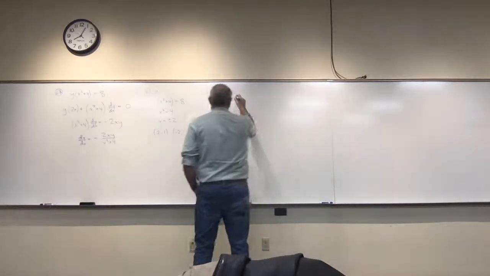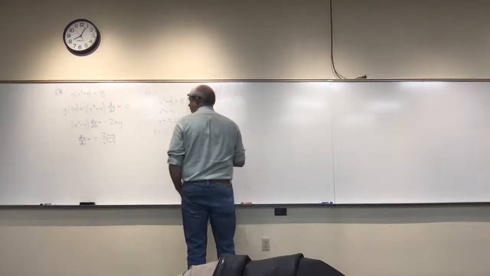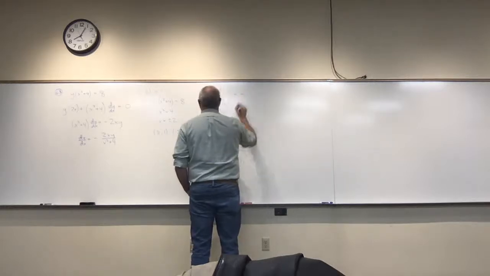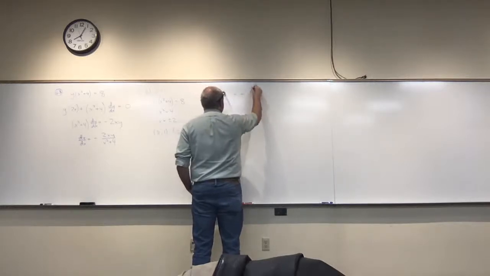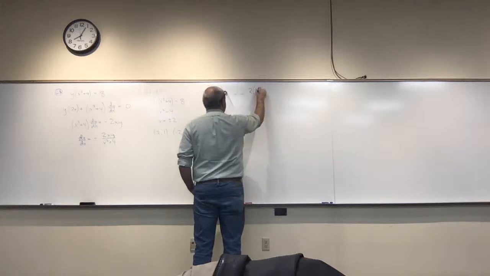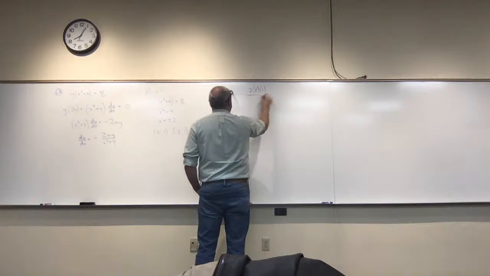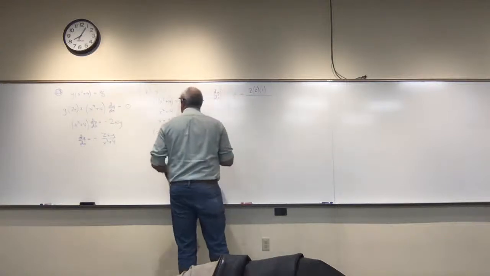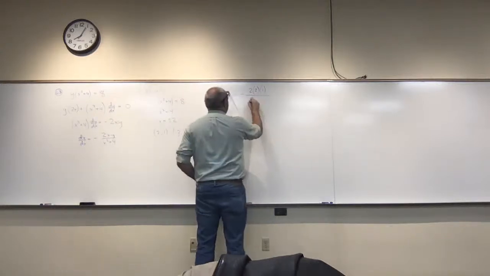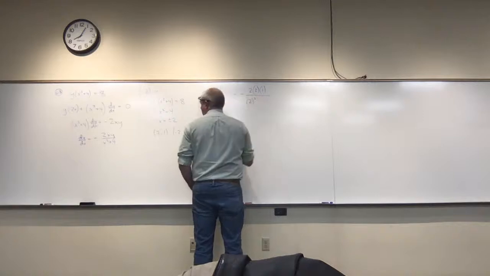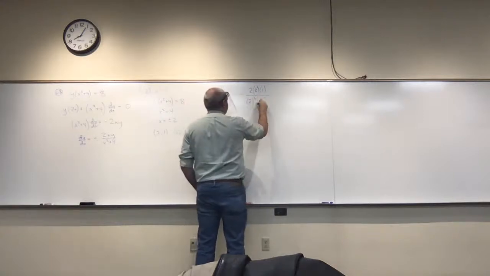So if I do, I get negative 2 times x, which is 2, times y, which is 1, divided by x squared, so that's 2 squared, plus 4.